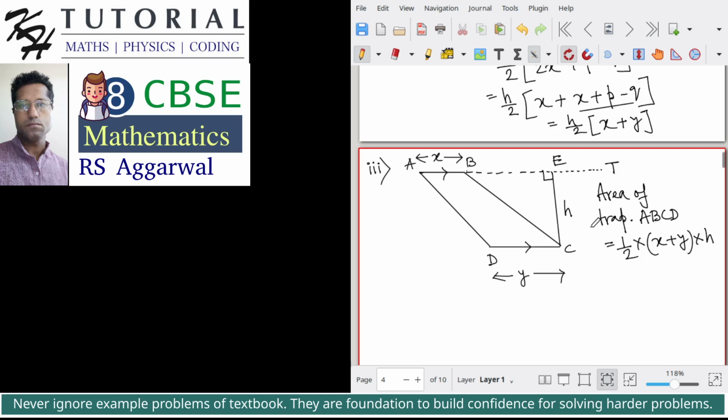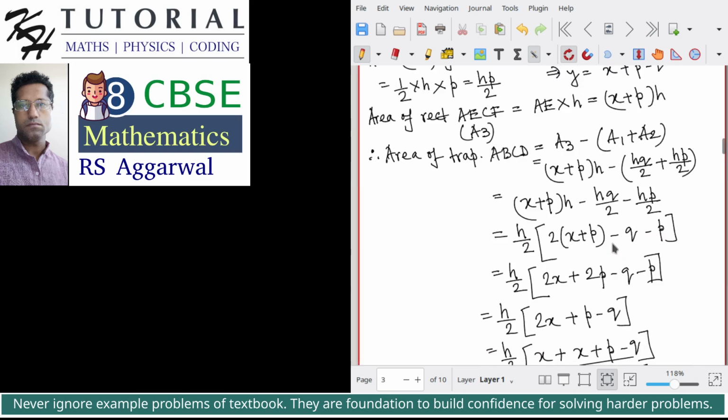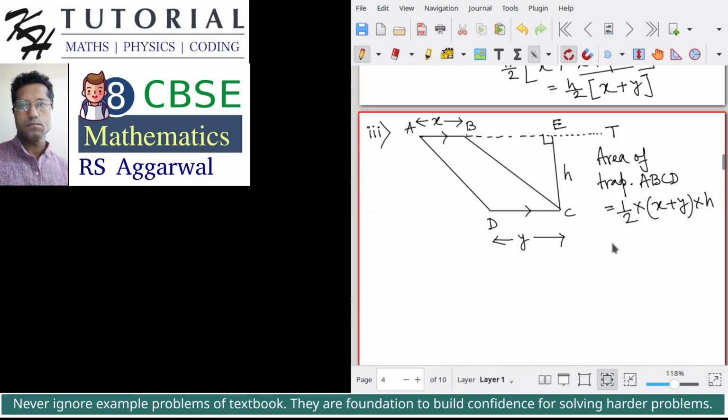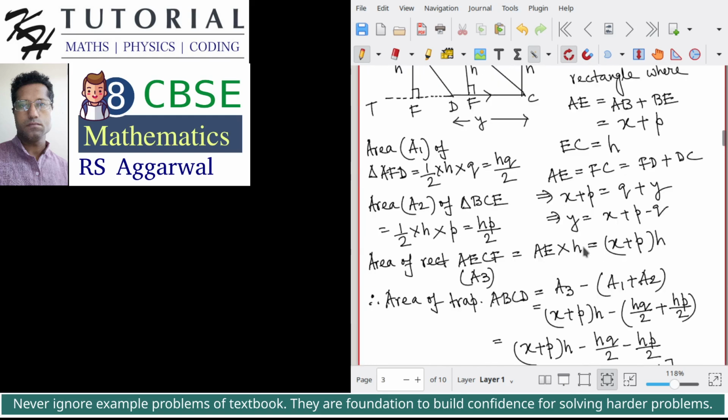I will not prove this. I think based on the proof of the figure 2, you can easily prove that for this quadrilateral, where as you can see, both the perpendiculars drawn from B and A on the side DC will be outside the trapezium.